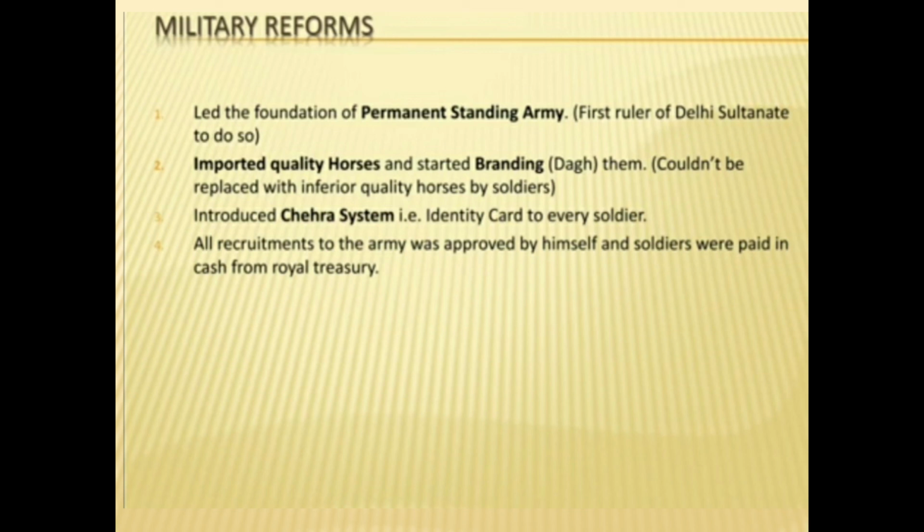And to counter this problem, he confiscated all the land which belonged to the nobles and the villagers and brought it under the direct control of his rule. He introduced the system where the land would be measured and accordingly the state share would be calculated, which the landowner had to pay in cash or face severe consequences.